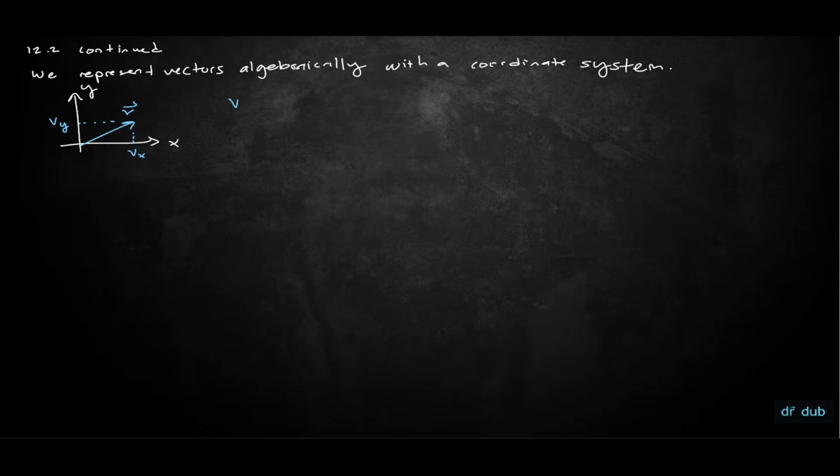And then we represent that vector v using these angle brackets, with the first component v sub x and the second component v sub y. So very similar to a point, except we use angle brackets, and that denotes a vector that goes from the origin out to that point. All it really means, though, is wherever you start, go so far in the x direction and then so far in the y direction.